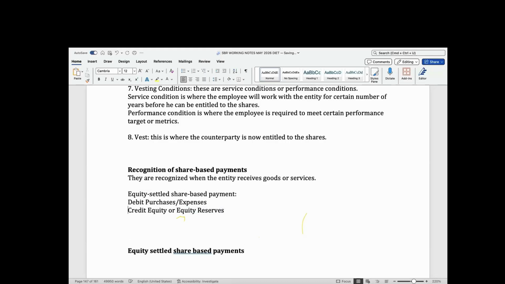That is when you can then credit equity, specifically share capital. However, if it is cash settled share-based payment, remember, for cash settled, the entity is giving cash, but the value is based on the share price of the company.